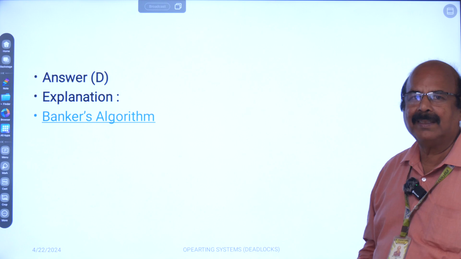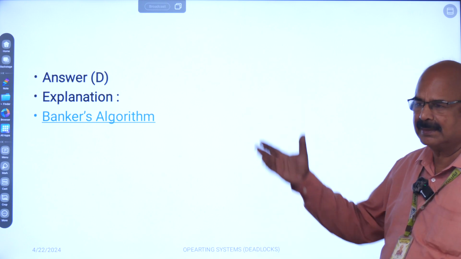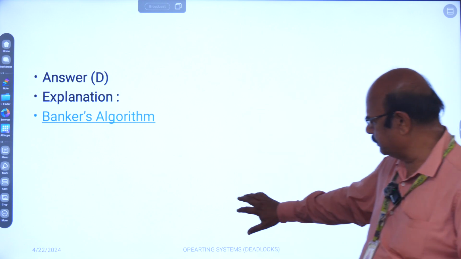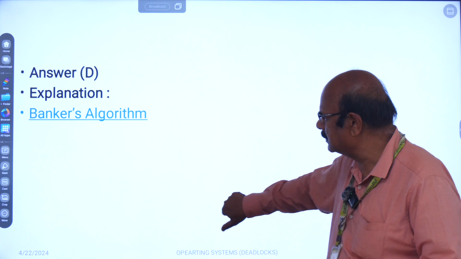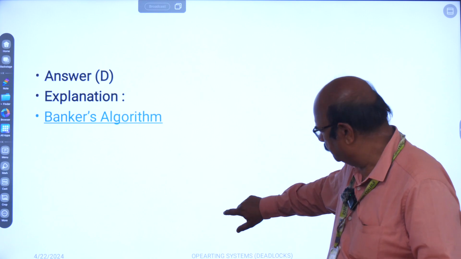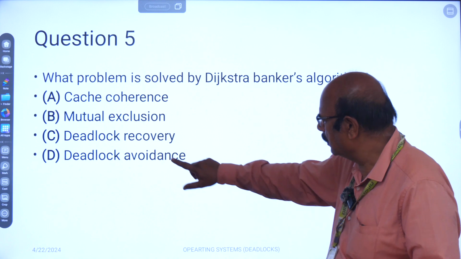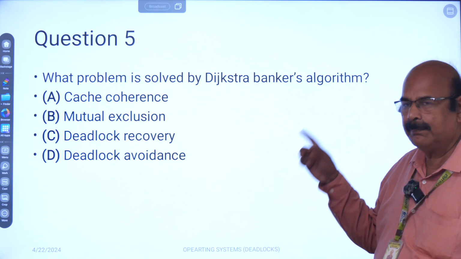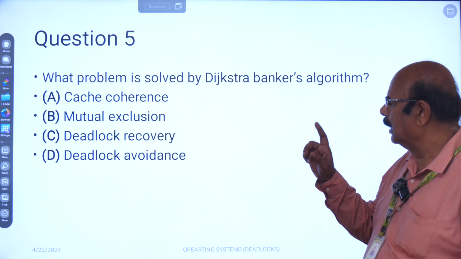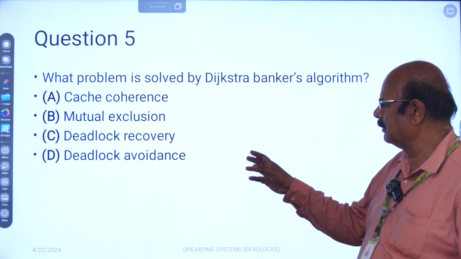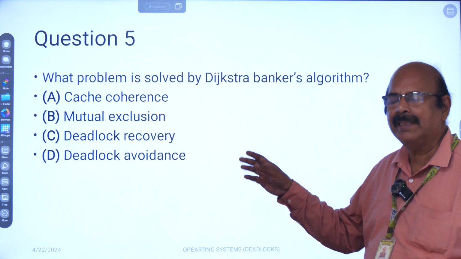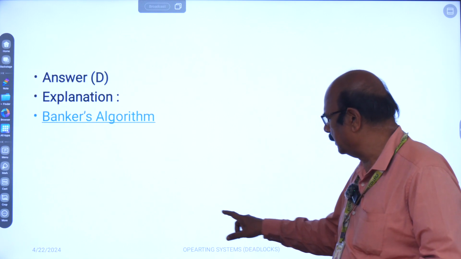Whenever we read about the Banker's algorithm, we can understand that the answer is option D, deadlock avoidance. Whenever we apply the Banker's algorithm, deadlock avoidance can be done.